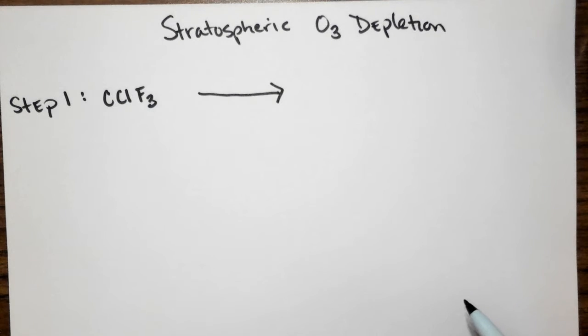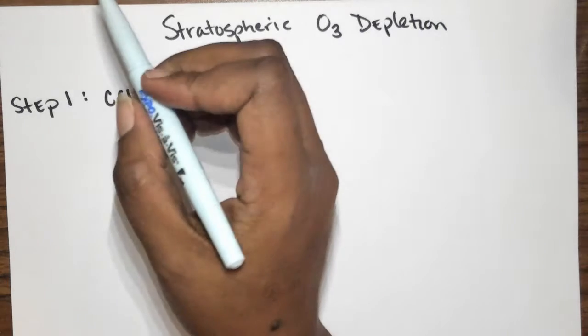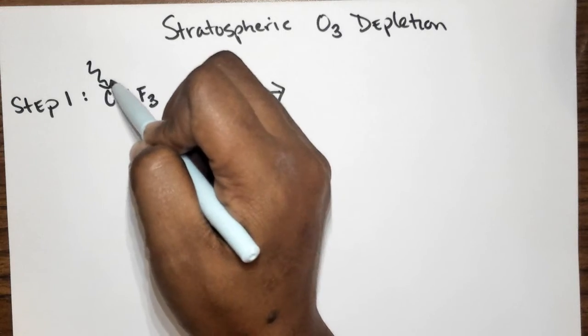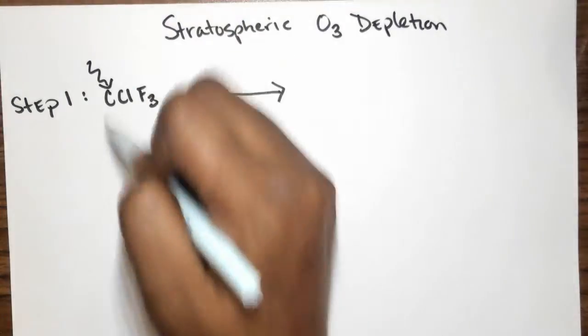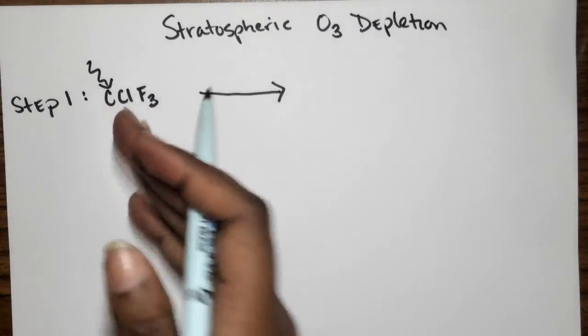All right. Here's what happens. UV light. So when these molecules go into the stratosphere, remember these are man-made, completely man-made.